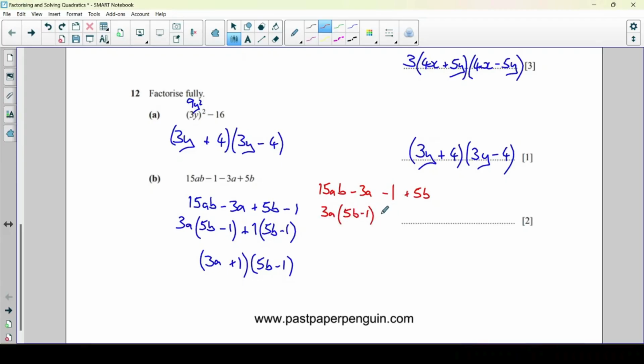And then you'd have factorised maybe 1 out, and then you'd have spotted, hopefully, that you get minus 1 plus 5b, and all you need to do is switch those two things around and you get the same thing. It would have worked just as well if we'd have put the 5b next as well. If you can try that if you want, and you'll see you'll get exactly the same factorisation, the same answer. Bit of a tricky one, that one. 3a plus 1, 5b minus 1.